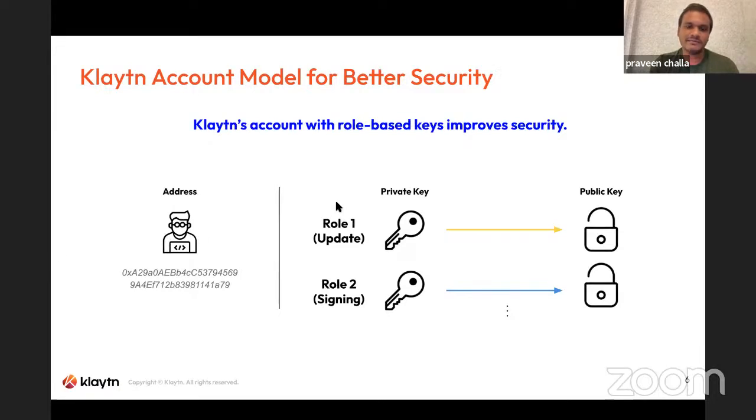By having multiple key pairs, we can provide features like multi-signatures and role-based features for each key pair tied to that address. This gives a lot of security and also a lot of usability for the user.